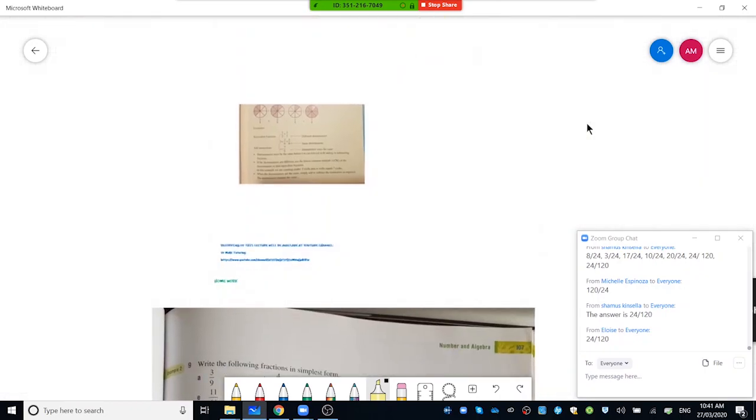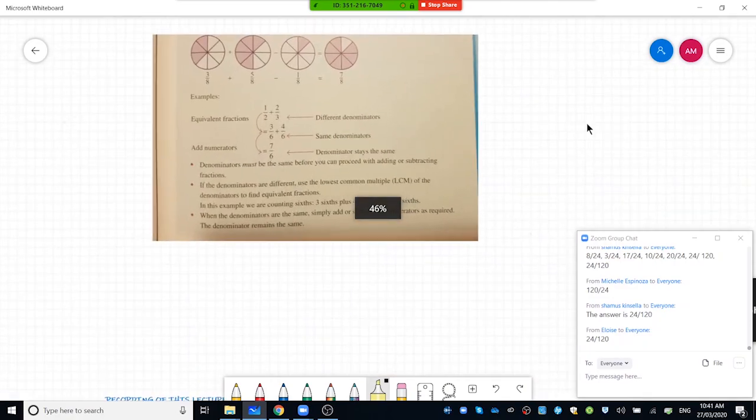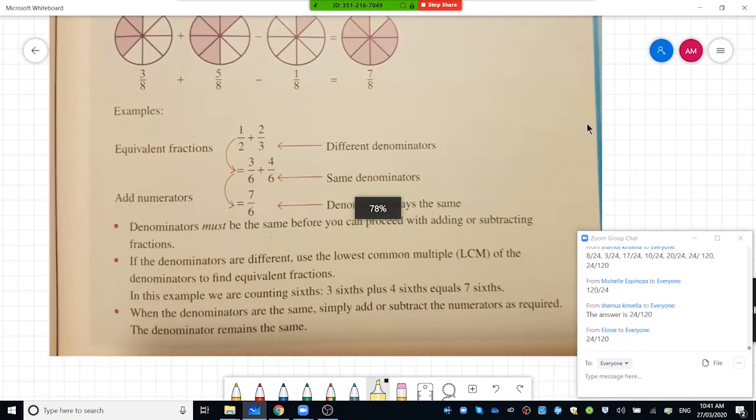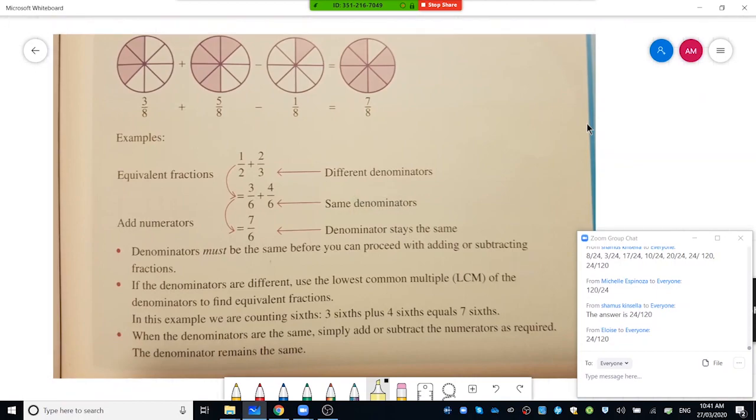Okay, so let's move to the next part of today's lecture. What we have learned today will help us to do this, and that part is adding or subtracting fractions. That's an important topic which you have to learn. If you have numbers which have a common denominator, for example, in this example, 3 over 8, 5 over 8, minus 1 over 8, they all have a common denominator.